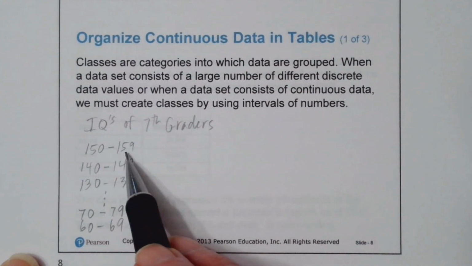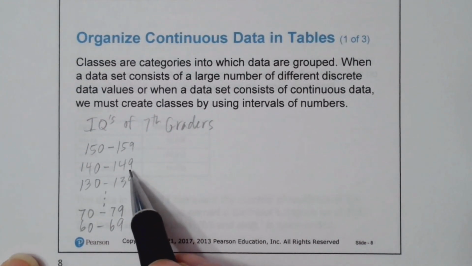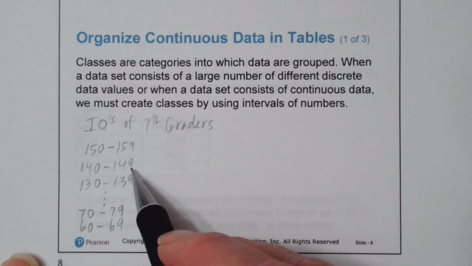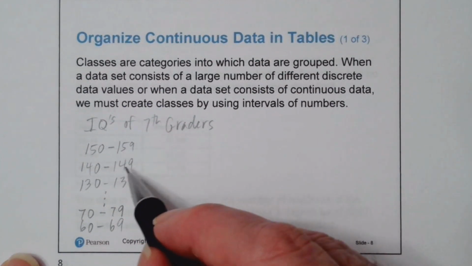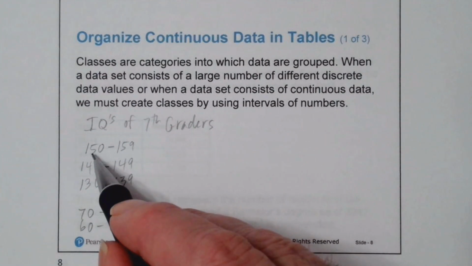We go from 150 to 159, 140 to 149. Now, with IQs, they are rounded to the nearest whole number. And so in this case here, the next number would be 150.